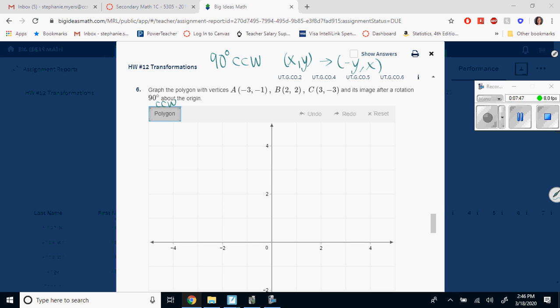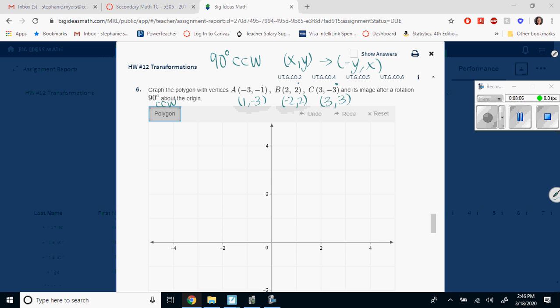So this first ordered pair, we switch the 2, the y value changes sign, so it's -2, 2. Switch the 2, this number, -3 becomes positive, so it's 3, 3.